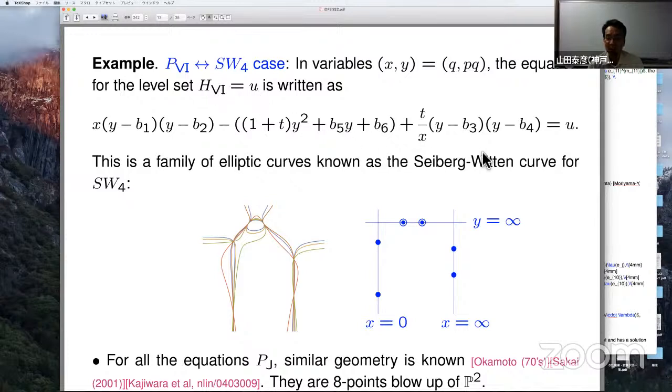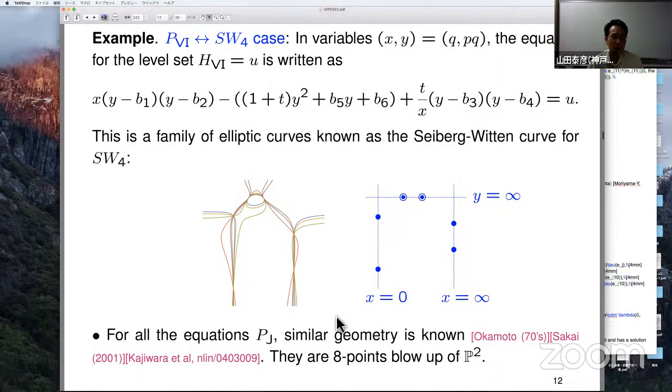In the gauge theory, this U corresponds to the so-called Coulomb branch parameter. We see that we have 8 base points of this family. Here are 4 points, and we have 2 double points here. Double point means we also have a tangential condition on this.